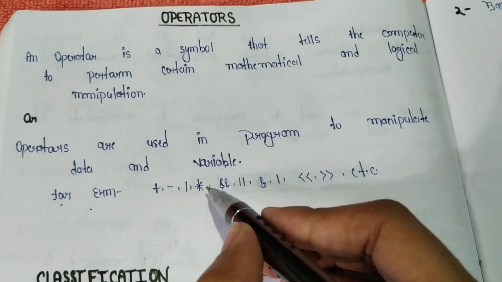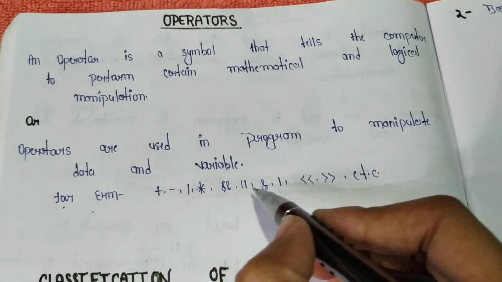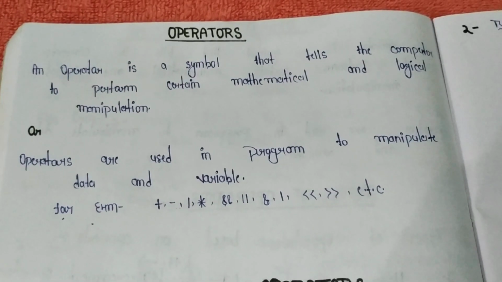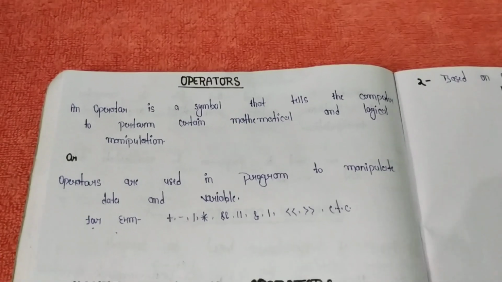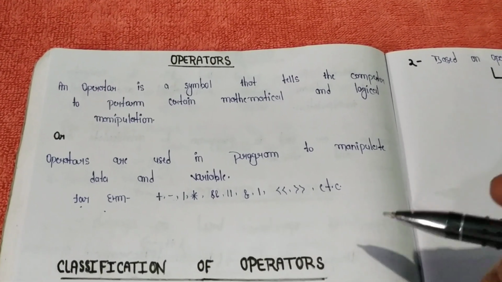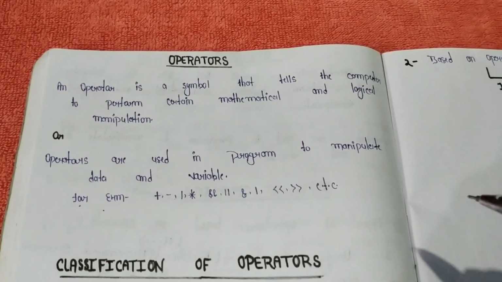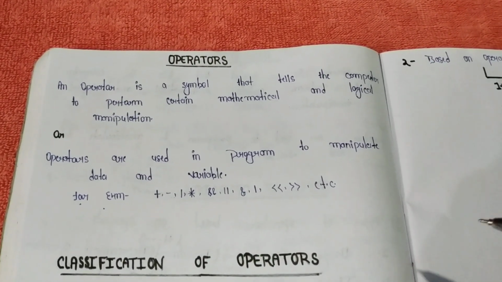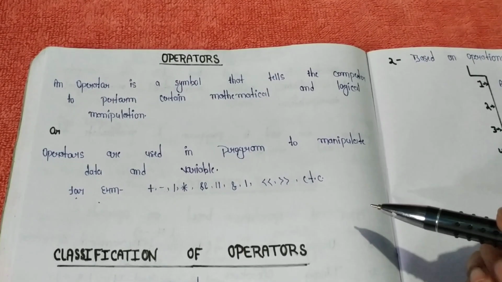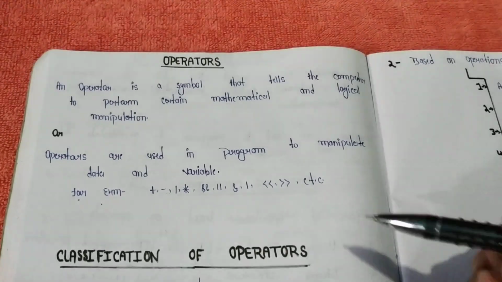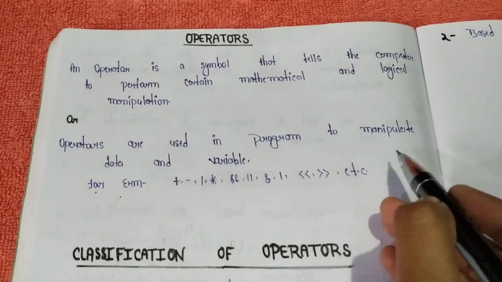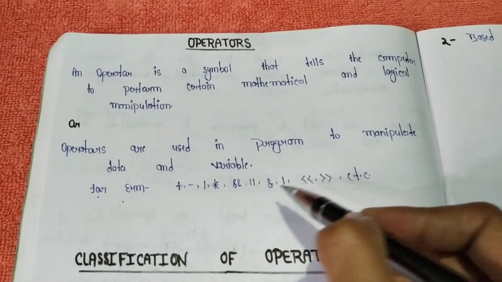For example, plus, minus, divide, into, logical and, logical or, bitwise and, bitwise or, left shift, right shift, etc. It means an operator is just a symbol which tells the compiler or computer which operation has to be performed on the data, mathematical or logical manipulation. Many operators are there: plus, minus, divide, into, etc.